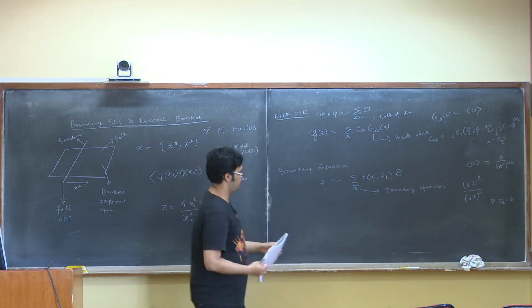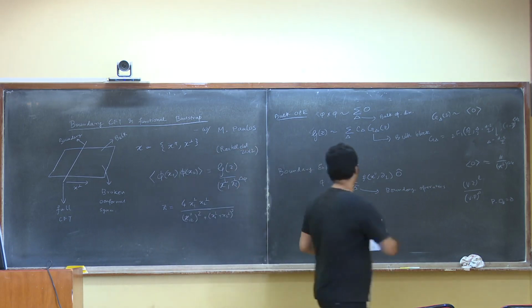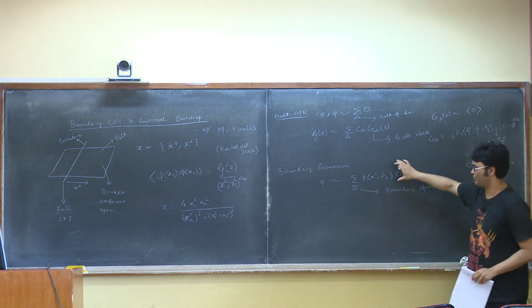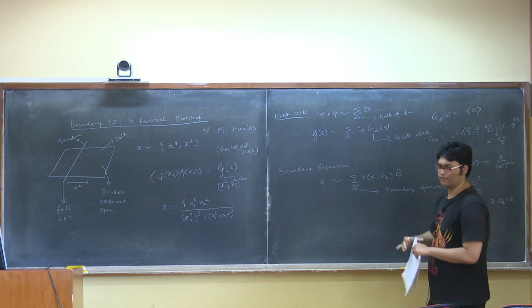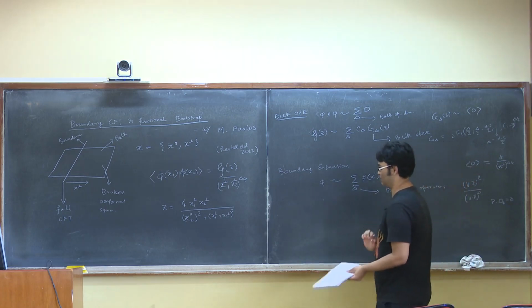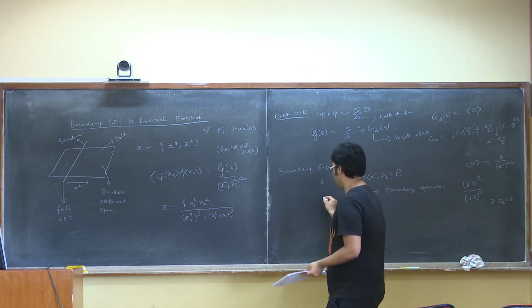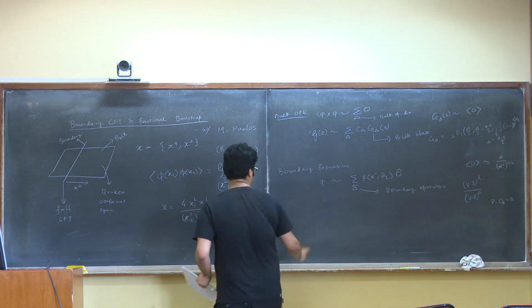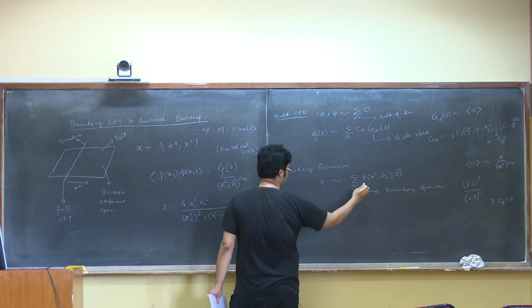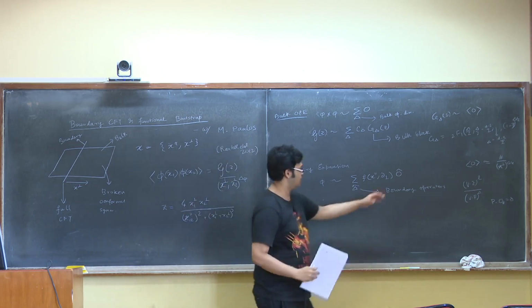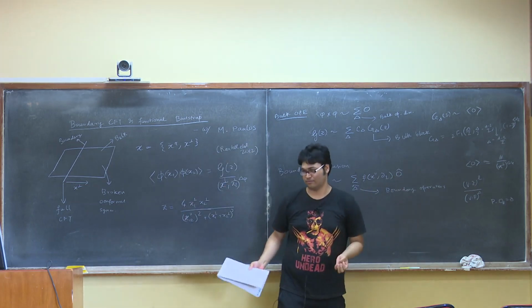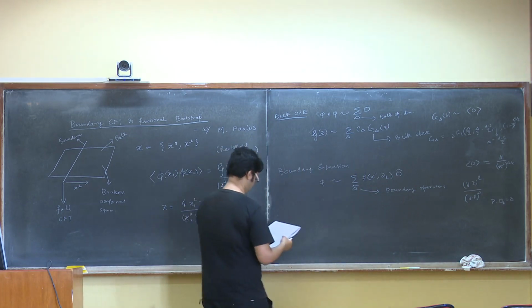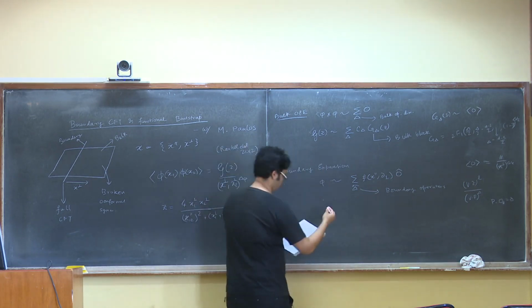And so this structure of F can be determined from conformal invariance. So it is something that is known. And so what I'm going to do is insert this in the 2-point function, and then I'll get a sum over 2-point functions of the boundary operators, which is something we know, which is the usual 2-point function.